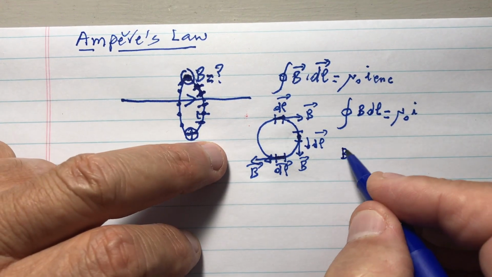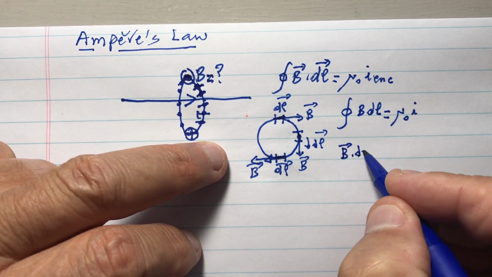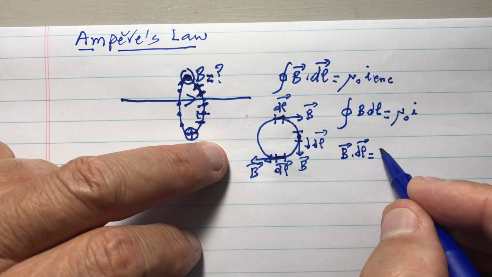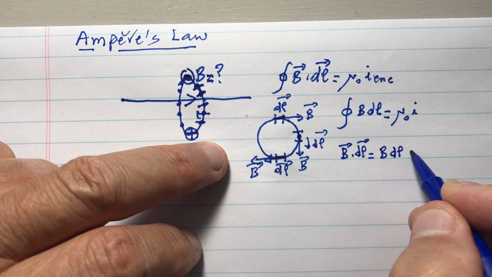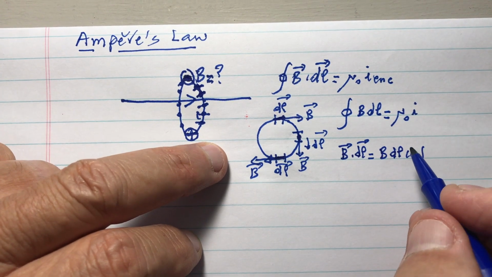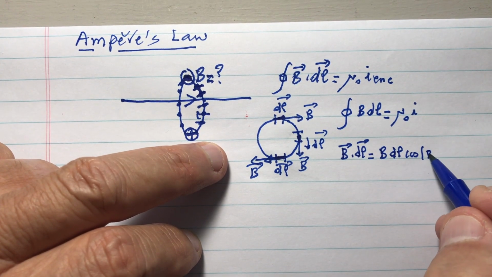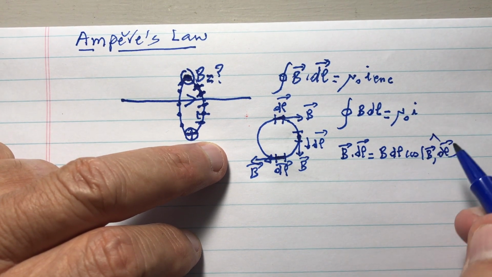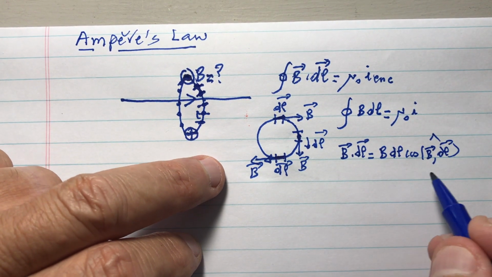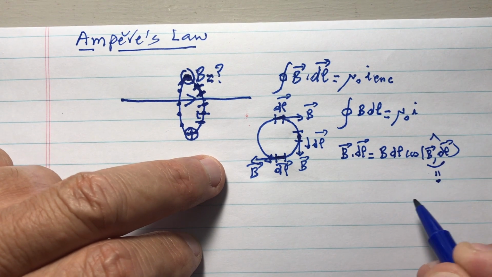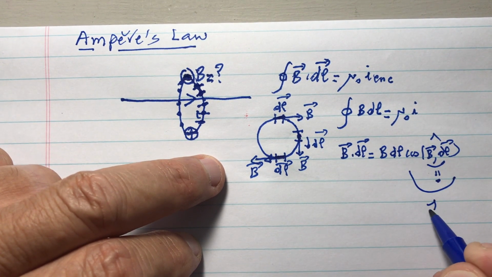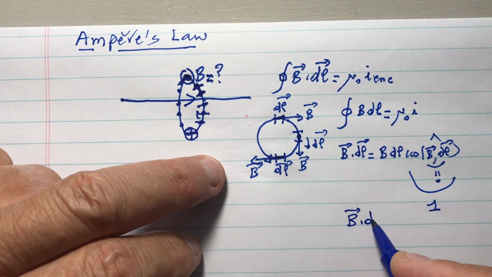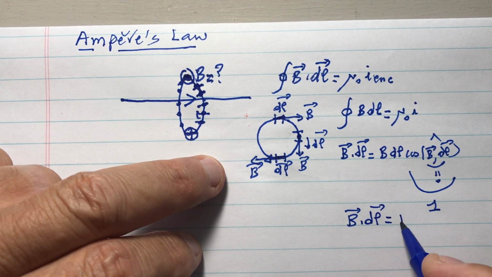Using the formula, B dot dl is equal to the magnitude of B dl cosine of the angle between B and dl. That angle is 0, so the cosine gives you 1. So B dot dl is just B dl.